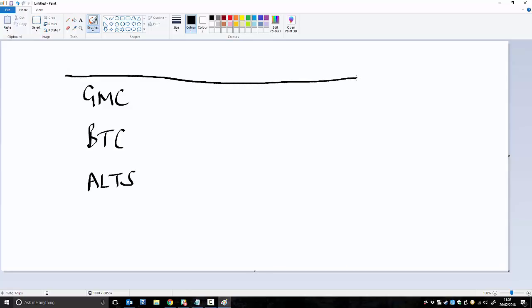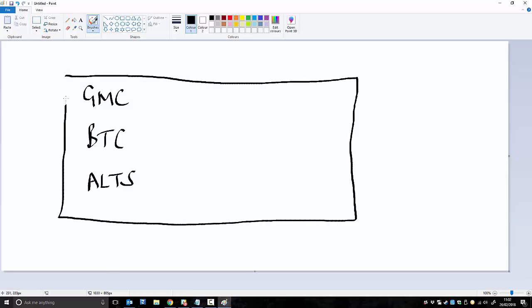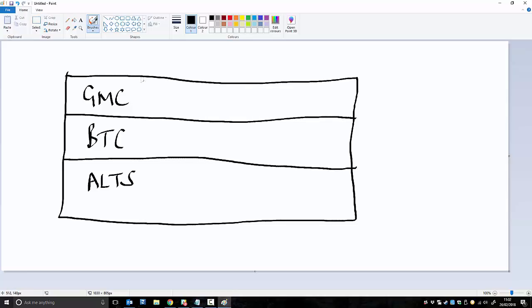And at the moment, I think it's too early to really establish some good correlations. But it all depends on what global market cap does in terms of what alts and Bitcoin do. So for example, let's look at the three situations here.